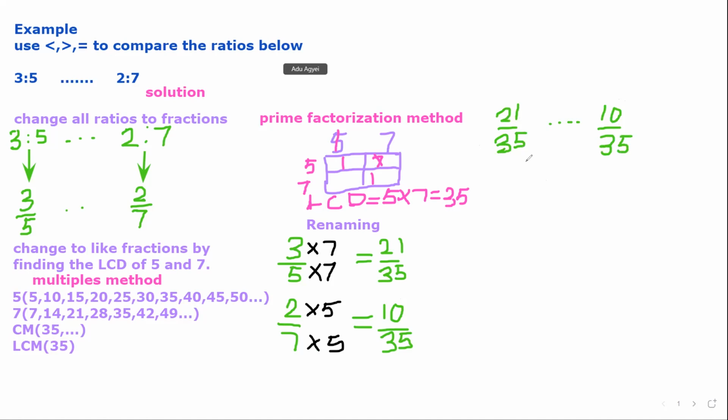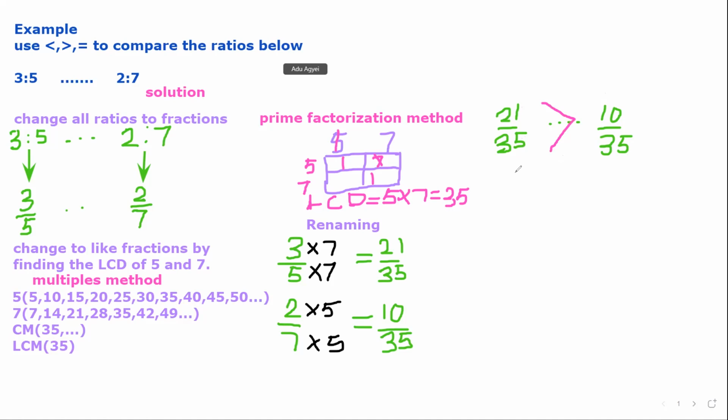Now, they have the same denominators. And the principle says what? A situation whereby they have the same denominators, we only compare the numerators. We only compare the numerators. The one having the bigger number is greater. So therefore, 21 is bigger than 10. So the entire 21 out of 35 is greater than 10 out of 35.